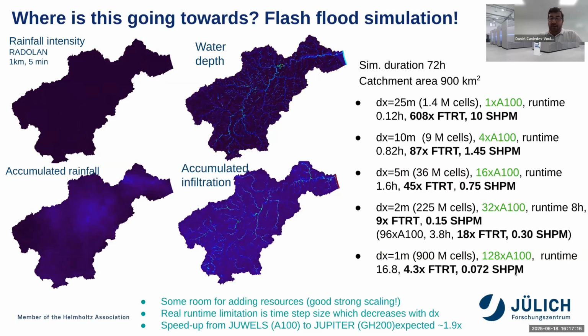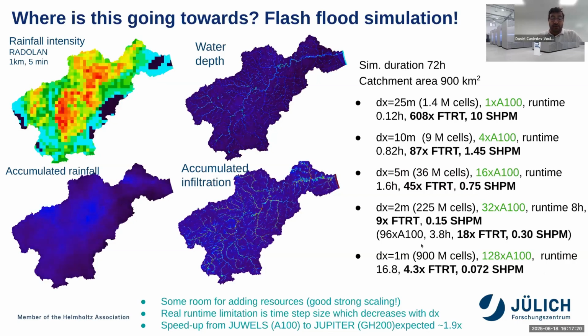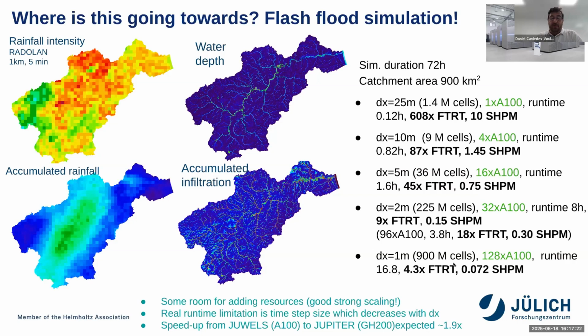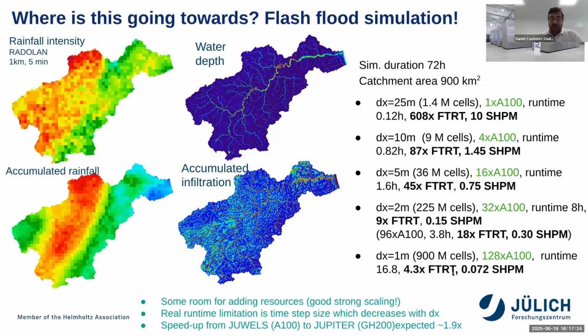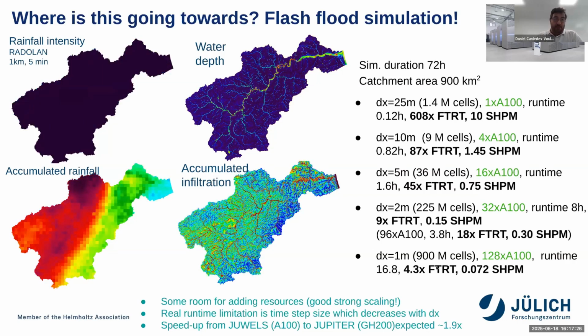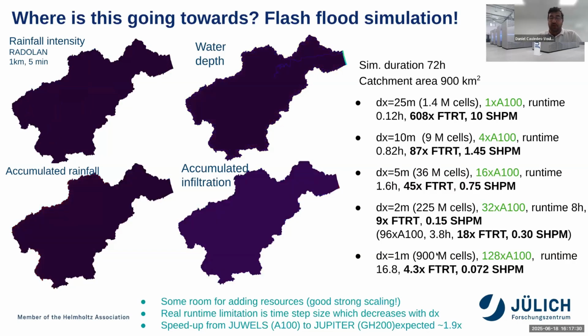So just simply trying these exercises, what we realize is for very high resolution, say 1 meter, we run roughly about 4 times faster than real time, which is good, but it's potentially a bit slow. And I should say this is all in Yuval, so these are A100 GPUs. And this requires quite some resources in the order of 128 A100s.